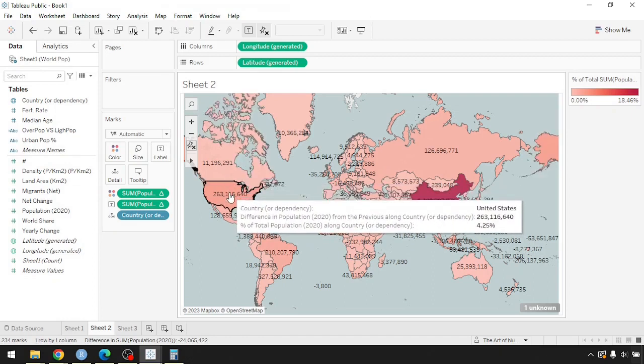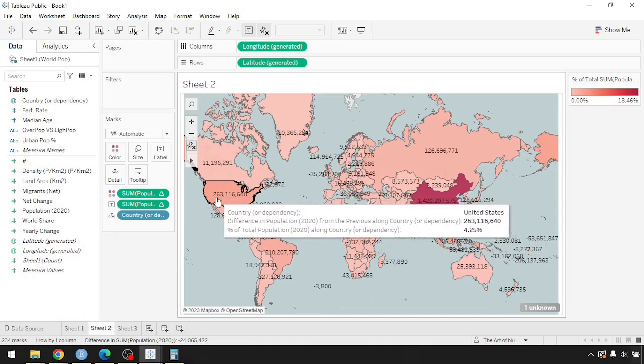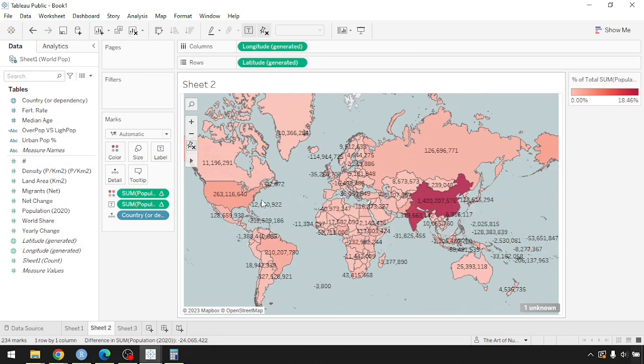We know that the US is 263 million population different from some country, but which country is it? We don't know because we're just looking at visualizations here. But if it was a crosstab, a sheet, we'd be able to understand this computation better and more effectively.